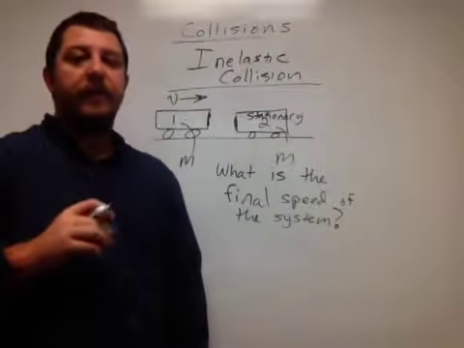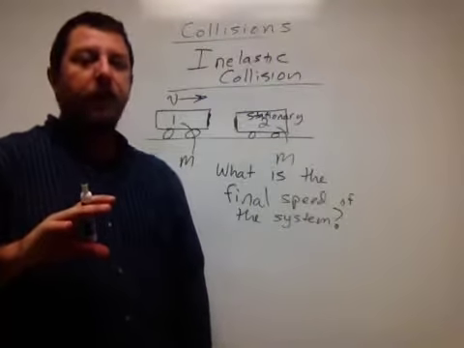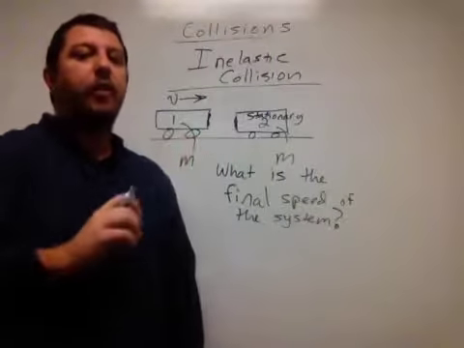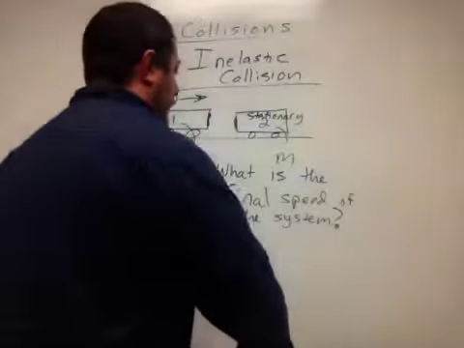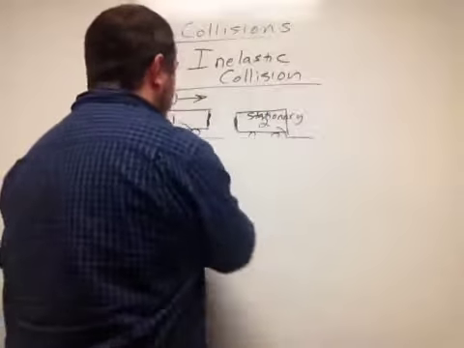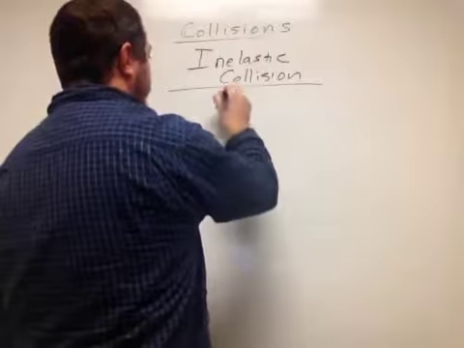Now I'm going to have to erase the picture for room on the board, but you'll get the idea in just a moment. So keep this picture in your head. So here's where we start to solve this problem, and I always start by writing down this equation.